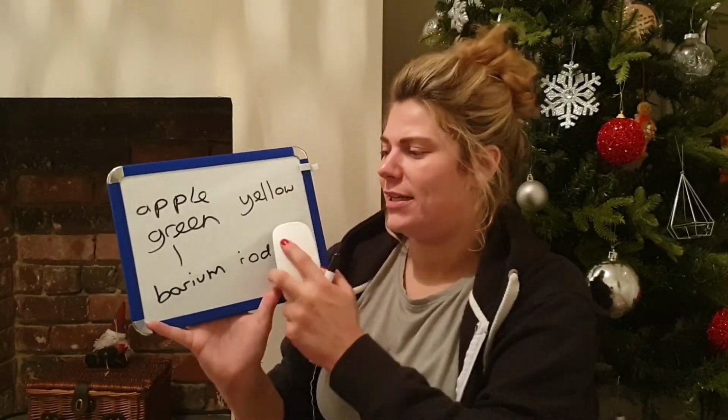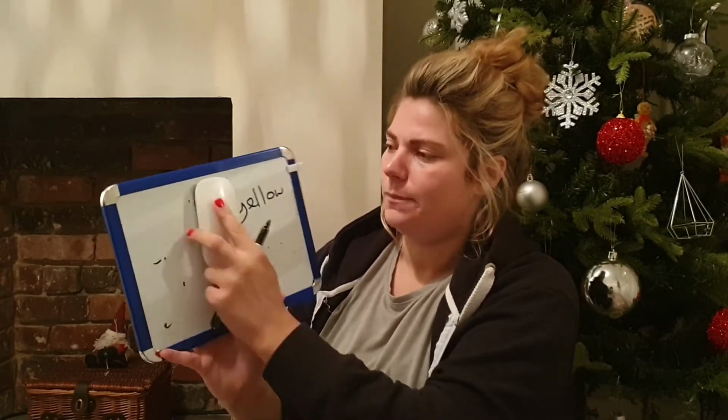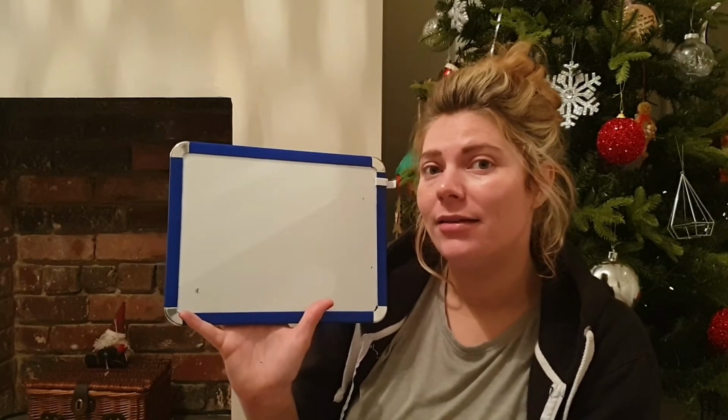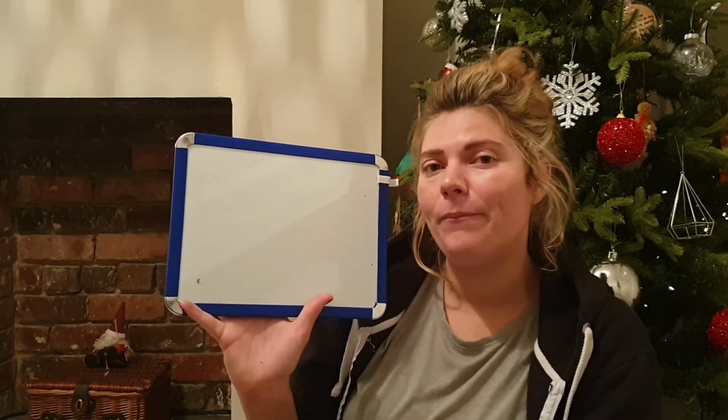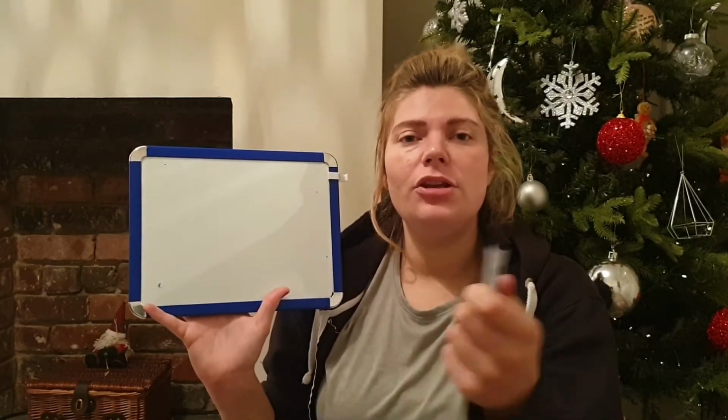First of all, you could do a flame test. This would tell you the metal ion, which is the first name of the substance. And then you would do a test using silver nitrate on the halides.